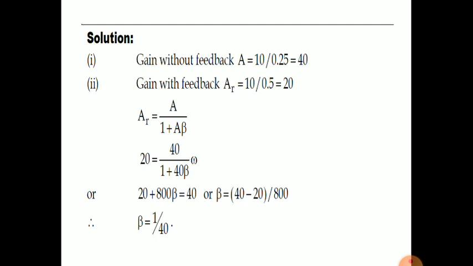So A is equal to 40, and gain with feedback, AF is equal to output 10 by input 0.5, it is 20. And if you want the beta, then AF is equal to A by 1 plus A beta. Substitute the values, you will get beta as 1 by 40.